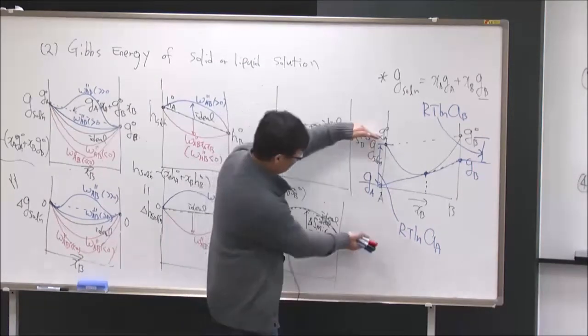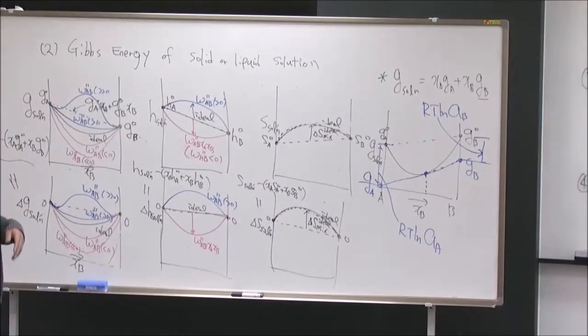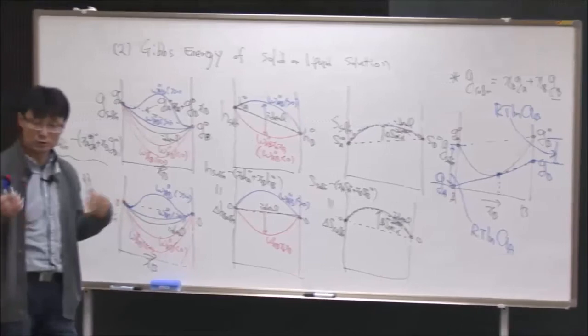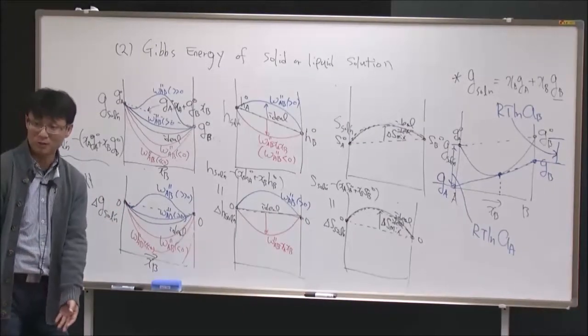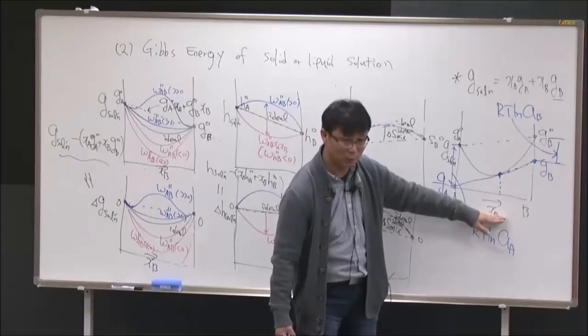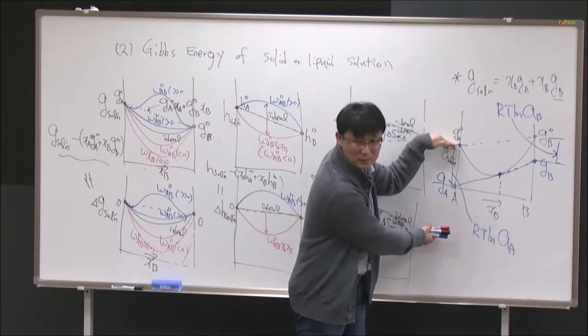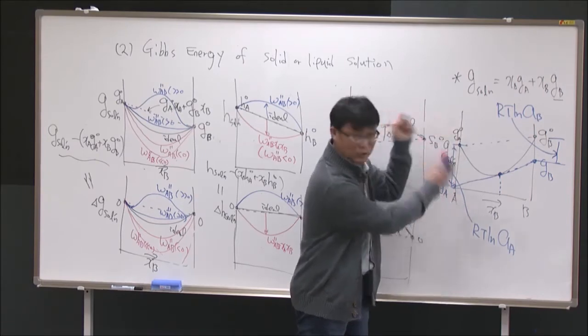That makes sense: when your activity is small, it means the components like each other, so the solution Gibbs energy should be lower. You can see in the graph, when the Gibbs energy of solution is very low, your activity is very small. Make sense? So it's all related.